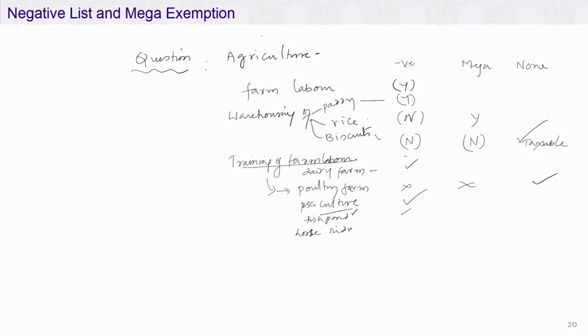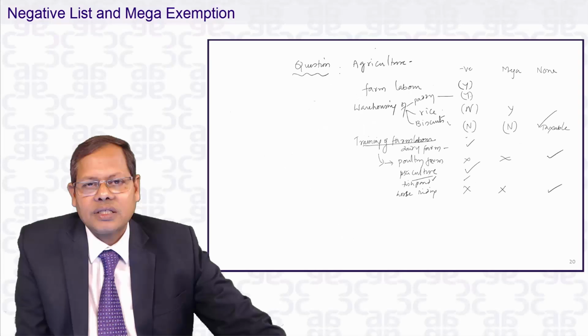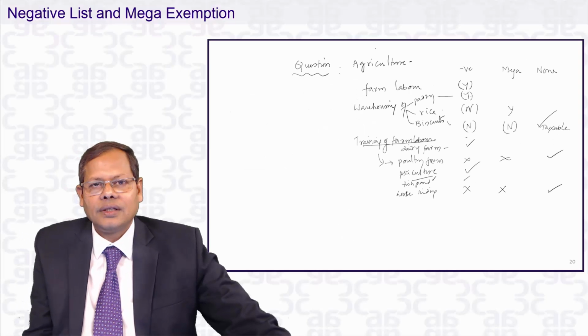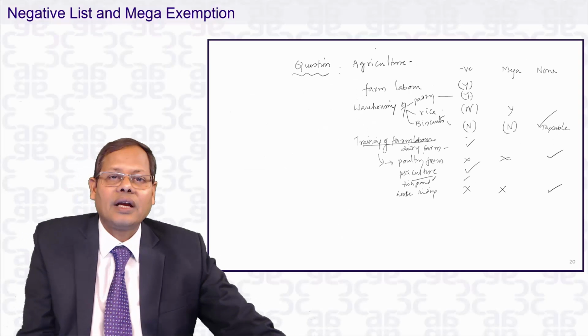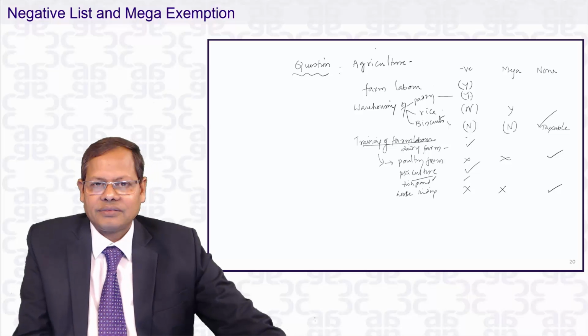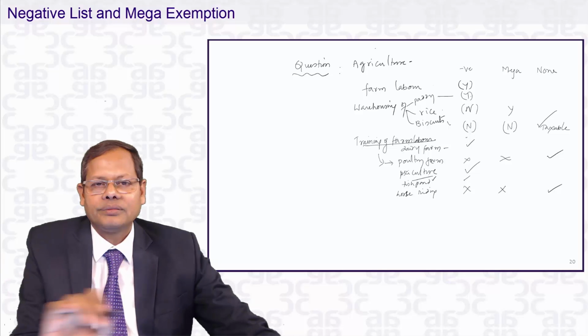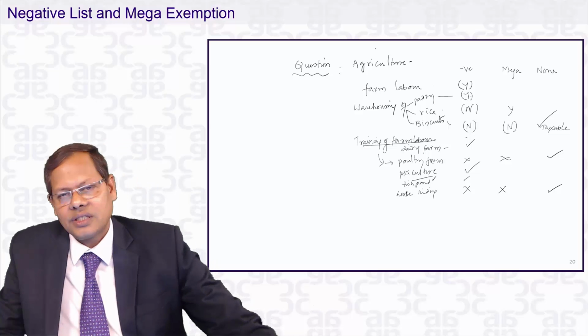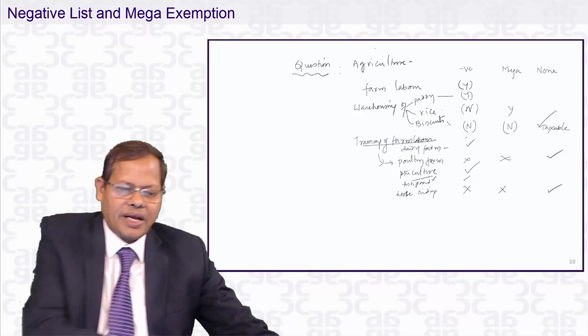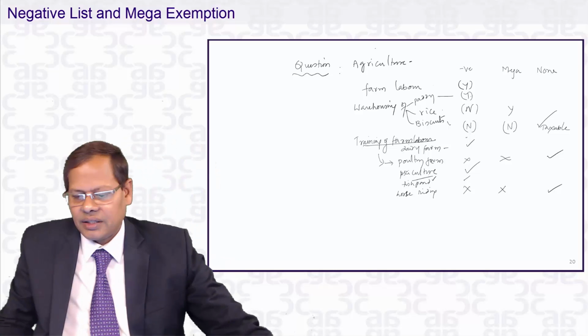So similarly, training of labor with regard to herds, horse riding, no, it is taxable. Herds, stable, renting a vacant land for horse rearing or for horse riding, training, no, because anything relating to horse is in the taxable area, it is not in the negative list.